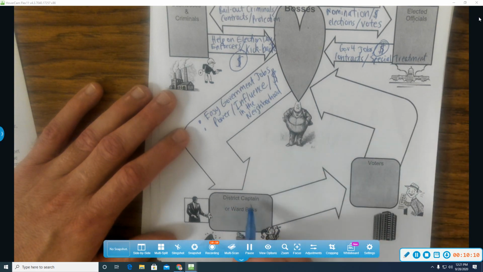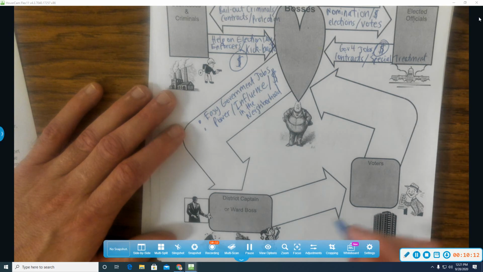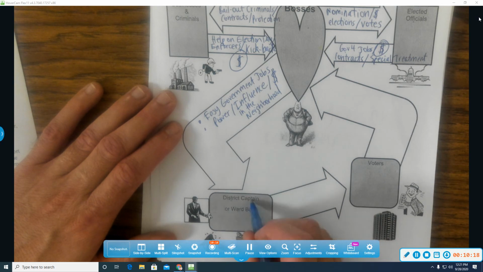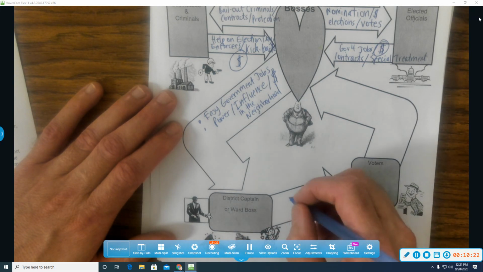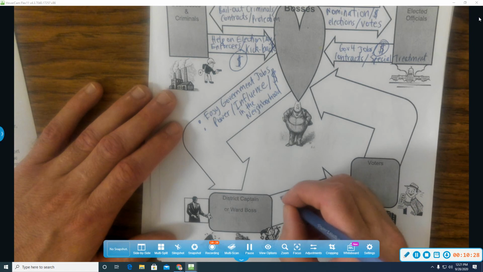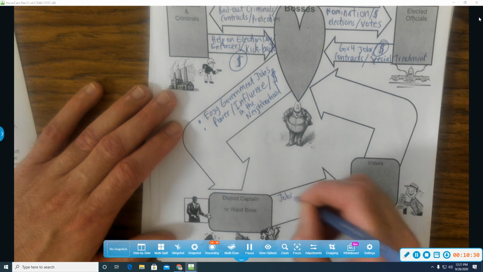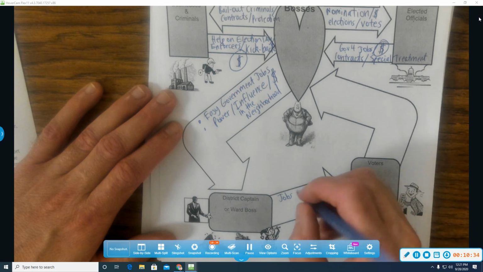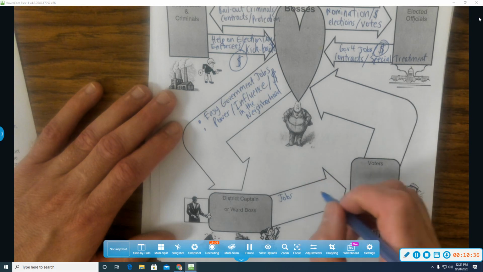The district captain or the ward boss is going to need money to help pay for those bribes to the voters. So what's the ward boss going to provide the voters? Think about it just a moment. First of all, jobs, more than likely factory jobs. Immigrants couldn't speak English, but they could learn factory jobs if shown what to do.